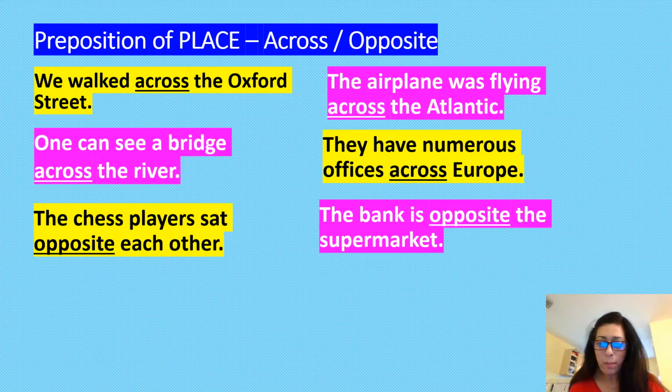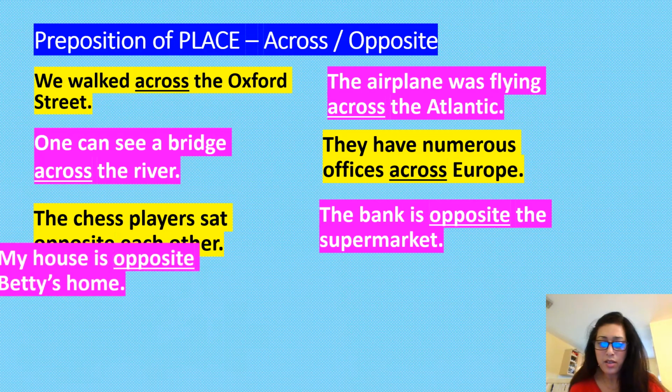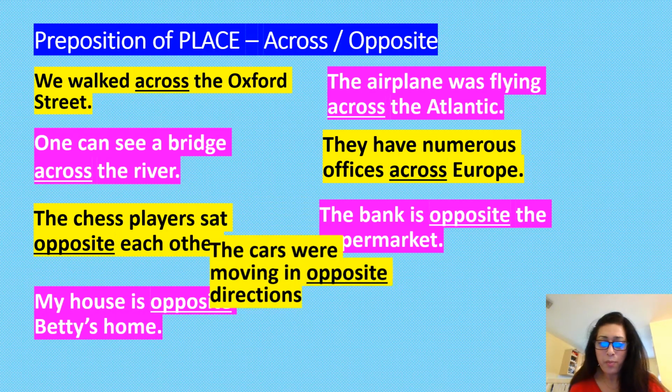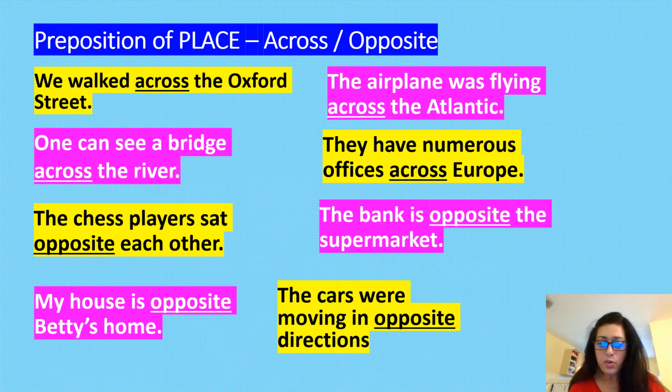This bank is opposite the supermarket. My house is opposite Betty's home. The cars were moving in opposite directions. So here you see, in every sentence there is something coming in between. So this is where we use across or opposite.